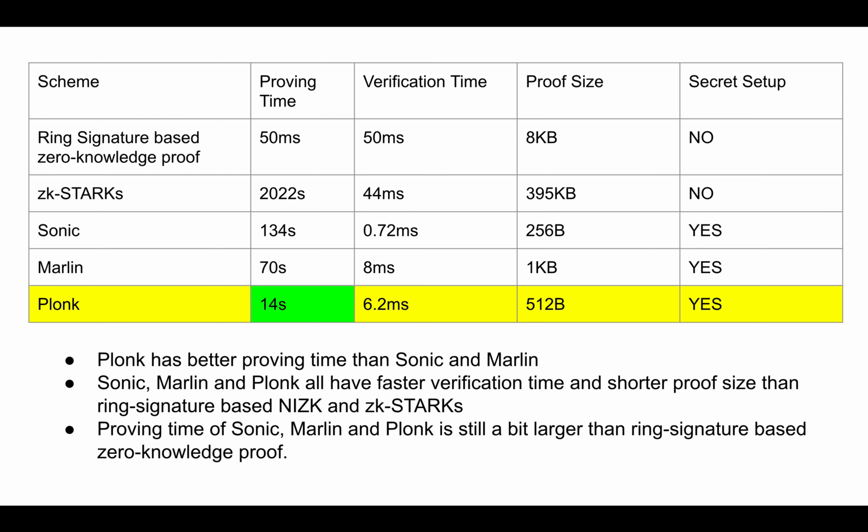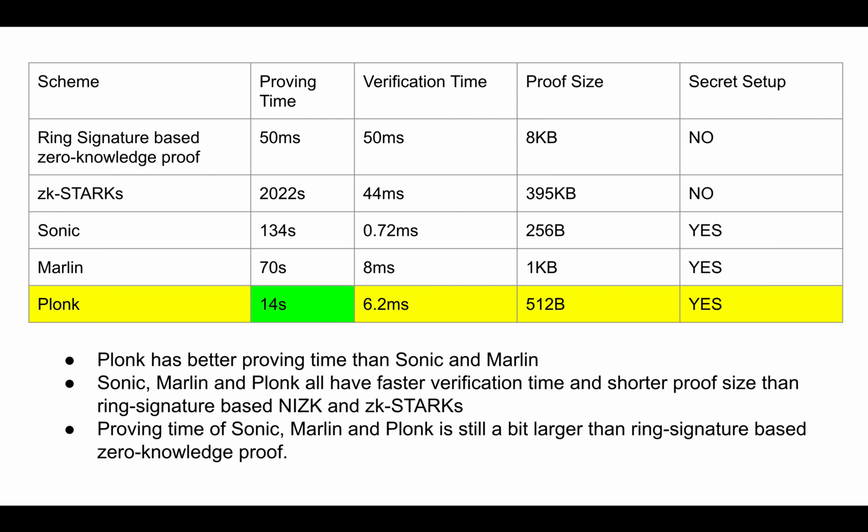From the comparison, we can conclude three results, I think. The first is that Plonk has better proving time than Sonic and Marlin if we just compare these three candidates.